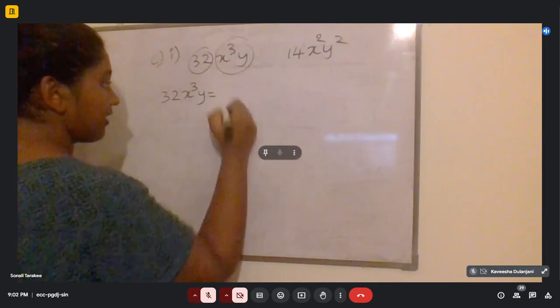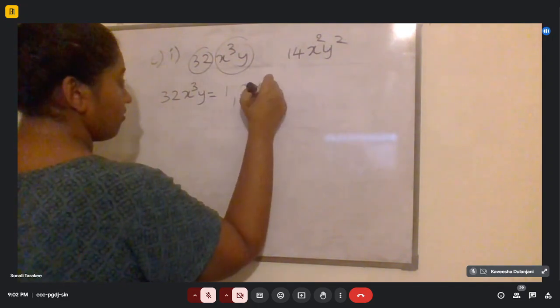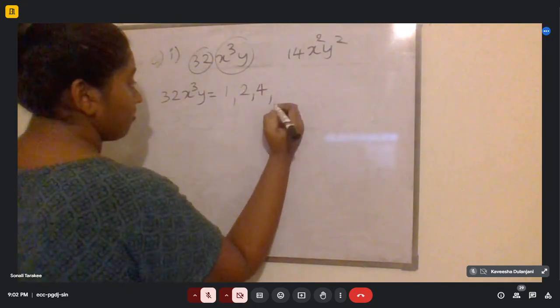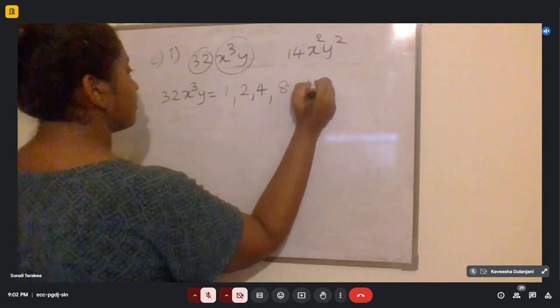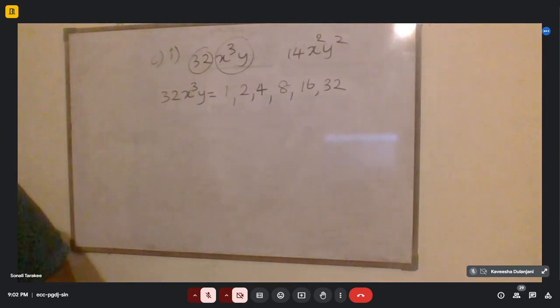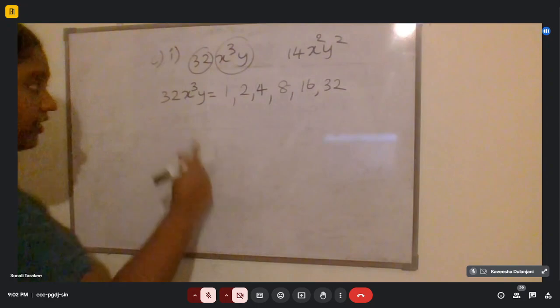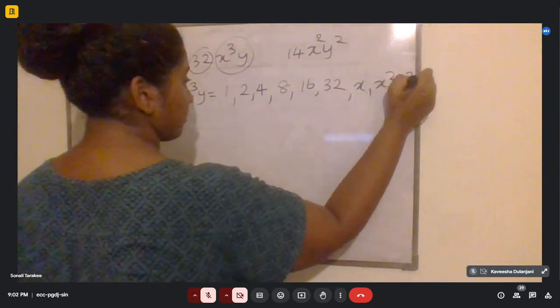So 32 you can write 1, 2, 4, 8, 16, 32. So these are the factors of 32. Then for the x cube, you have x squared, x cube.